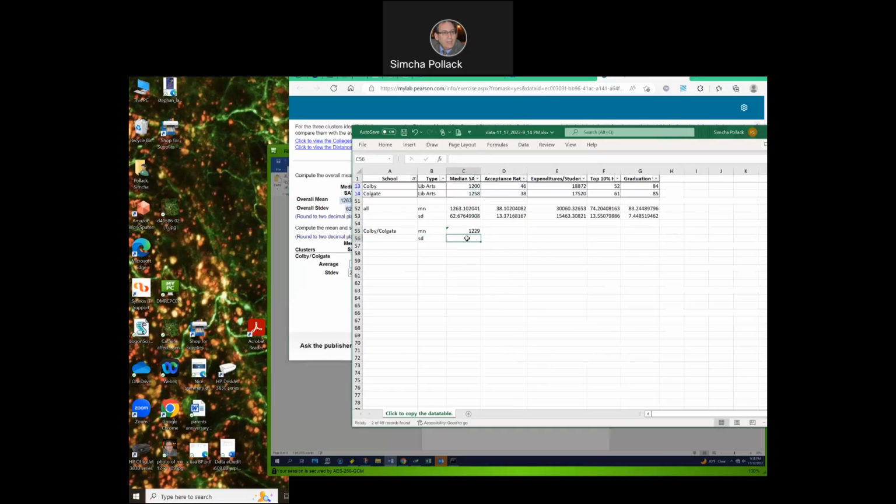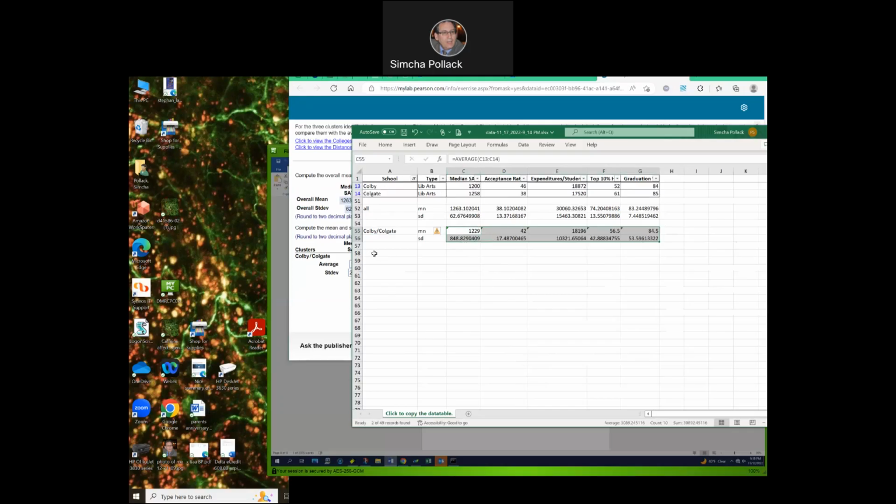Likewise, this is equal to the standard deviation, the sample, of these two rows, enter, and now we have a relatively large value. Likewise, we can drag this over to get the mean of all these variables just for these two rows.